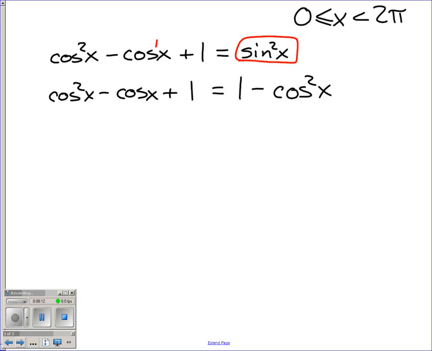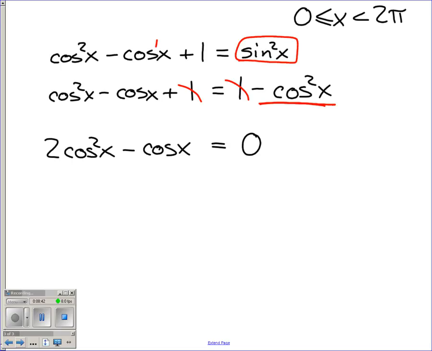And now the 1's on both sides we can subtract. Everything is in terms of cosine to a power. So now let's do like we do for all equations. Bring this negative cosine squared x to the left. So let's add it. And so we'll have 2 cosine squared x minus cosine of x is equal to 0.